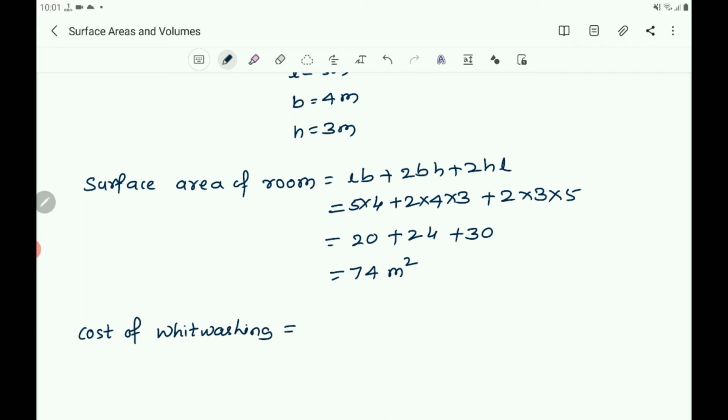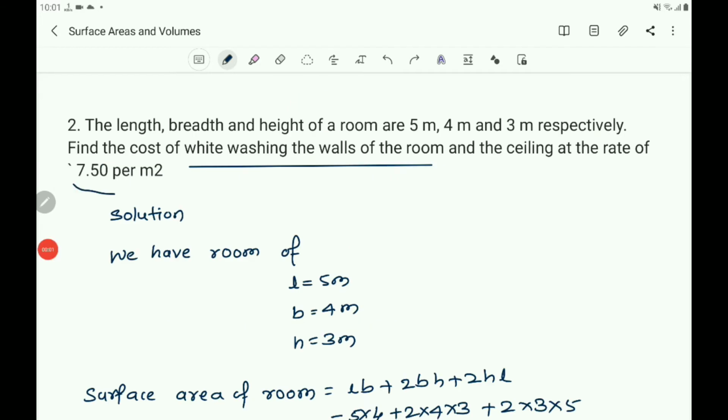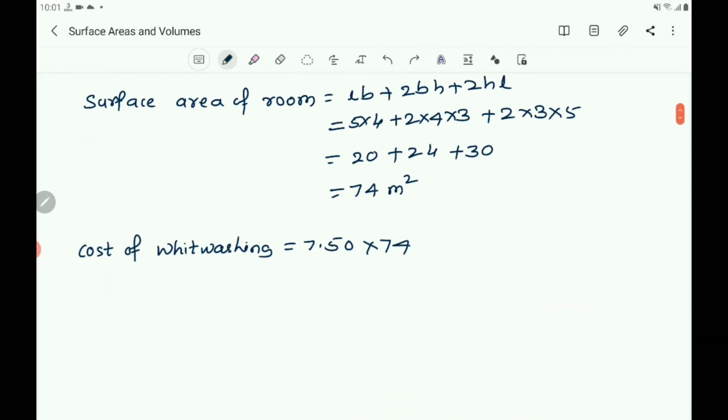Cost of whitewashing equals 7.50 into 74. Rate of whitewashing is rupees 7.50 per meter square. Therefore here we got the area 74 meter square. As the rate is rupees 7 and 50 paise, we have to find the cost of whitewashing 74 m square. Then you multiply 750 into 74.